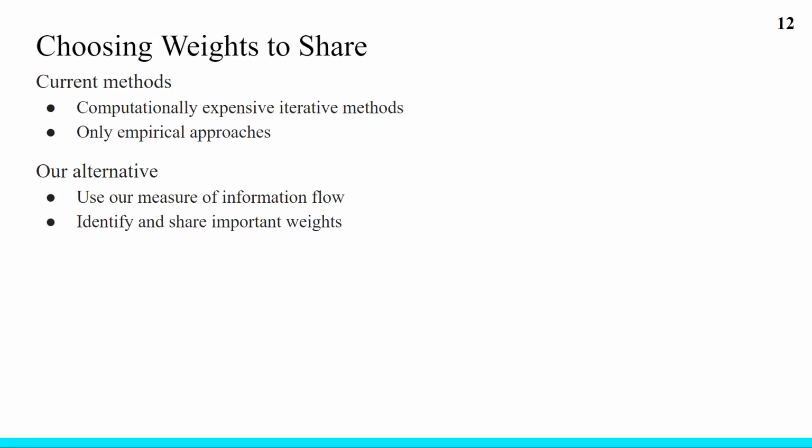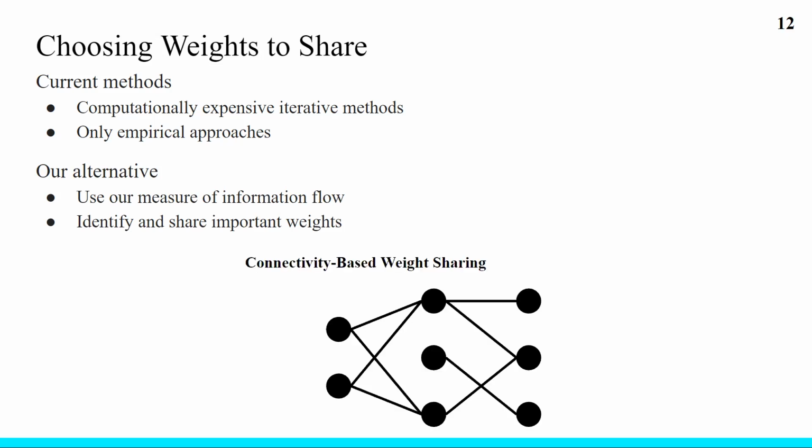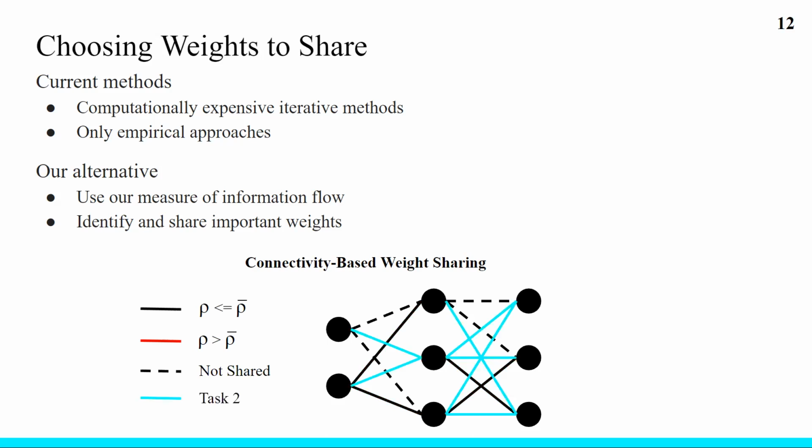It might improve interpretability, and it might cut down on the computation time of having to do an iterative method. To visualize this in the previous example, say we have those frozen weights from task 1. We find that some of them have a higher connectivity or information flow than others. We would omit the ones that have a lower connectivity or information flow, share the ones that have a higher connectivity, and then train on the next task.